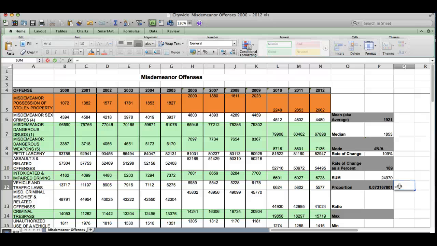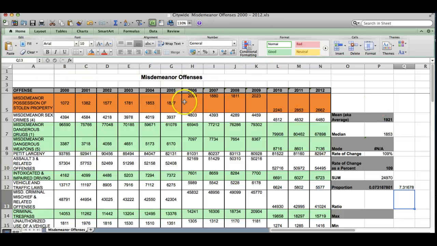You basically would take this one calculation that has already been done for you, multiply it by 100, and you would say 7.3% of the stolen property offenses were reported in the year of 2005 for all incidents between 2000 and 2012. This is becoming a lot more complicated, but this is how you want to be able to look at given numbers. Numbers are a total in themselves, but then they can also be a part of something.